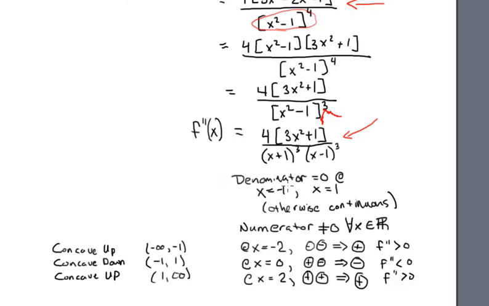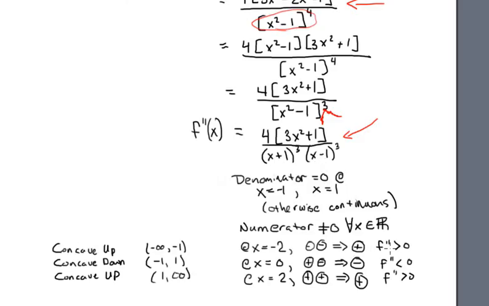So our denominator is what determines what the actual sign of the function will be, so of our second derivative. At x equal to negative 2, if I take negative 2 and throw it into x plus 1, I get negative 2 plus 1, which is negative, right? And then negative 2 minus 1, also negative. So here I have positive.